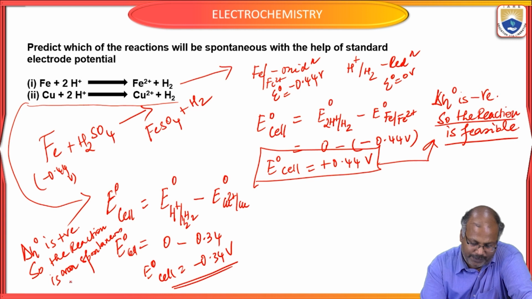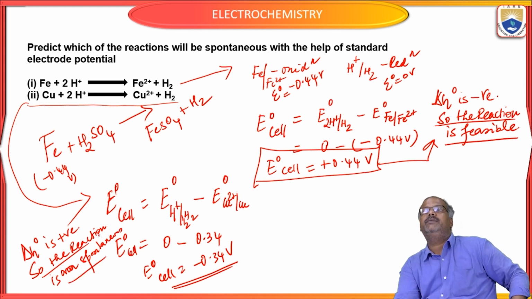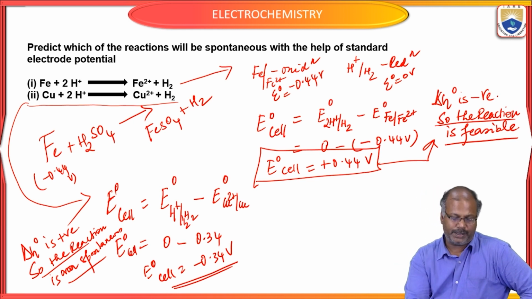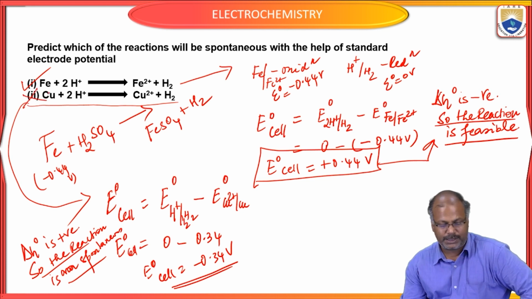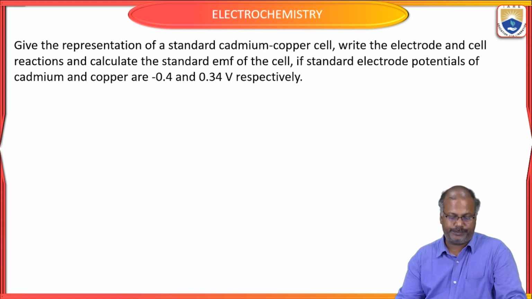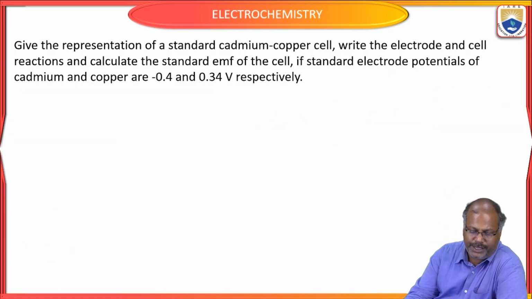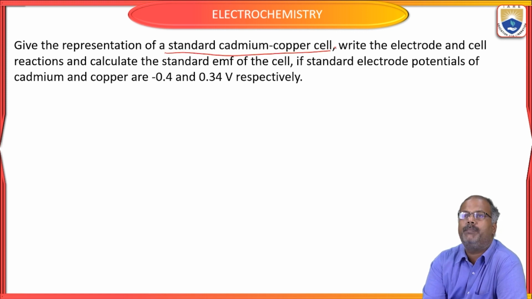Or we can say the reaction is not feasible because of delta G positive. So this is a spontaneous reaction. This is a non-spontaneous reaction. Okay, next. Give the representation of a standard cadmium copper cell.